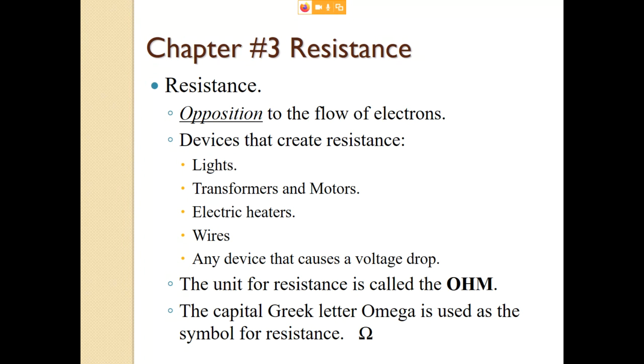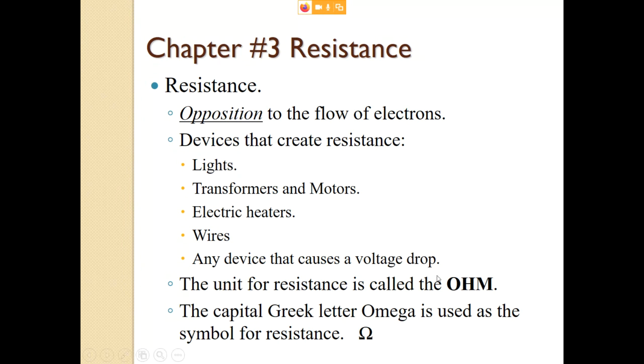Light will convert it into light energy. An electrical motor, for instance, will convert that electrical energy into mechanical energy. So that's what a motor does. An electric motor converts the electrical energy into mechanical rotational energy, or work.